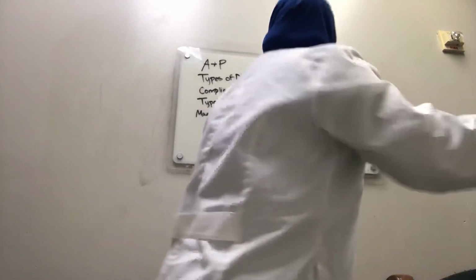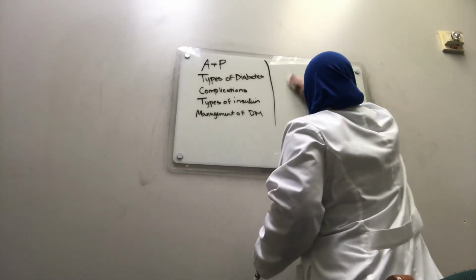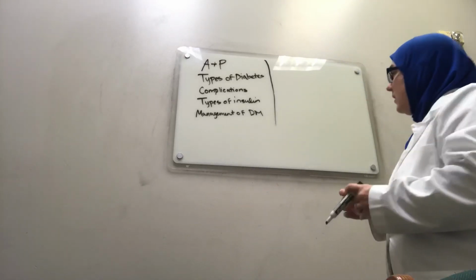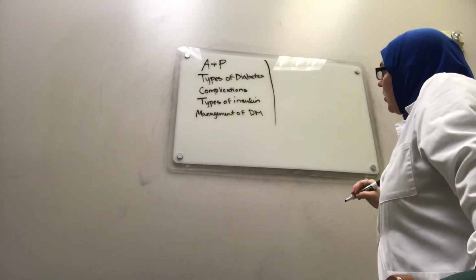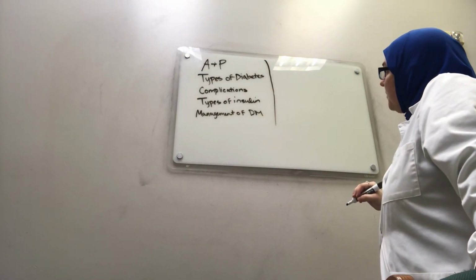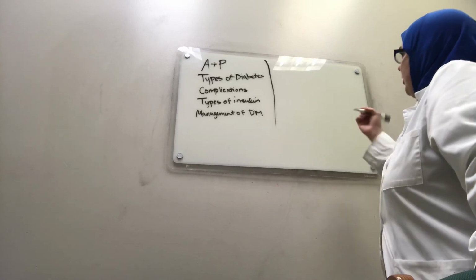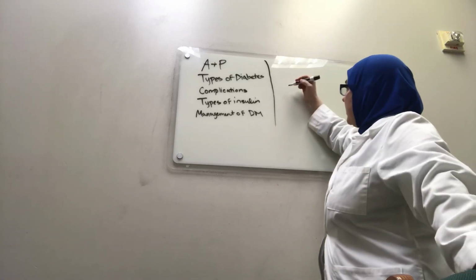Another thing I want to talk to you about is timing of insulin and timing of blood sugar checks. Okay, so a lot of times what we see, here's the way it should be when patients have diabetes.